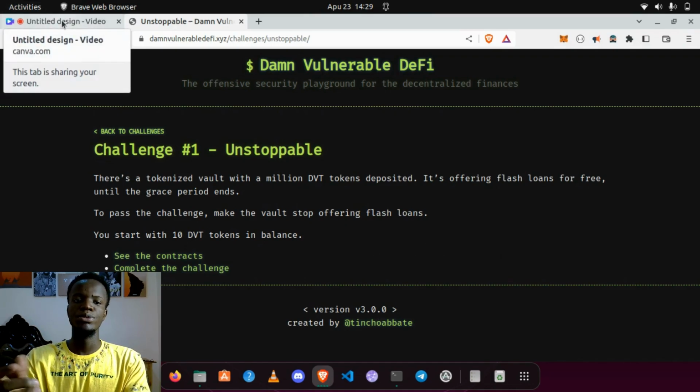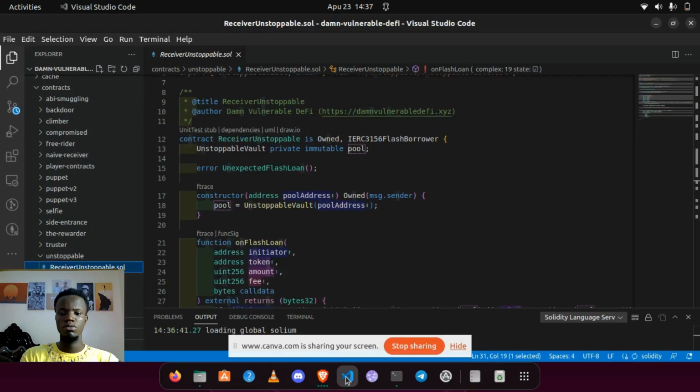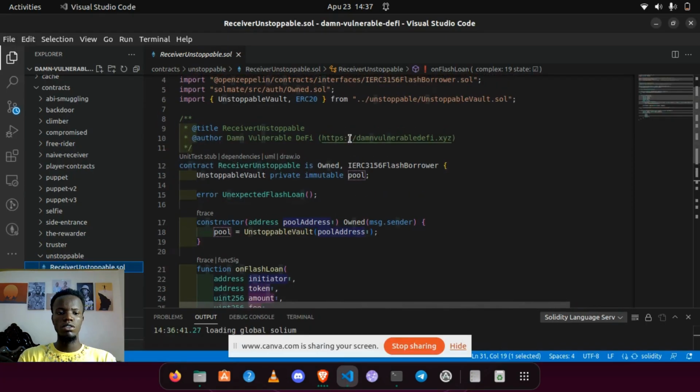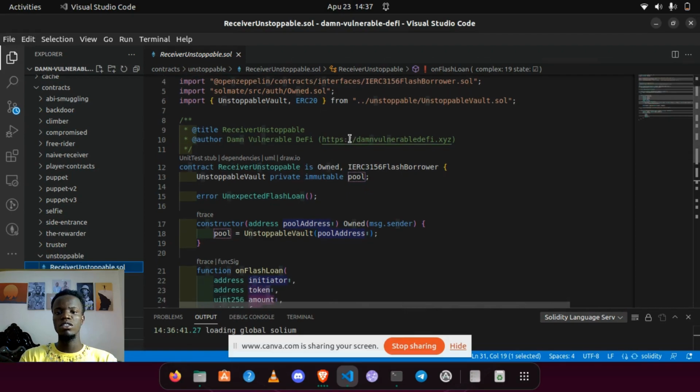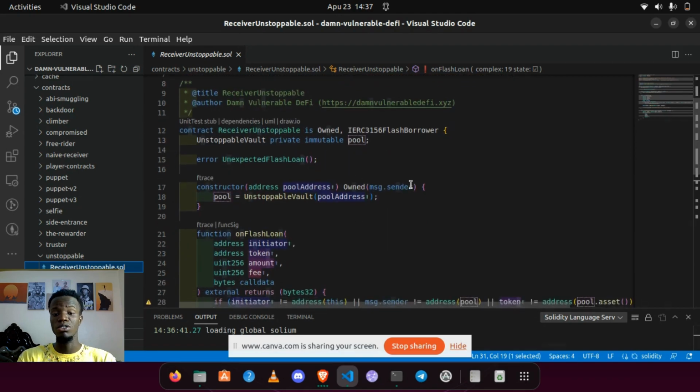So let's jump right into our code editor. For our Unstoppable challenge, we'll deal with two contracts. Receive Unstoppable implements the IERC3156 flash borrower, which enables this contract to receive flash loans.